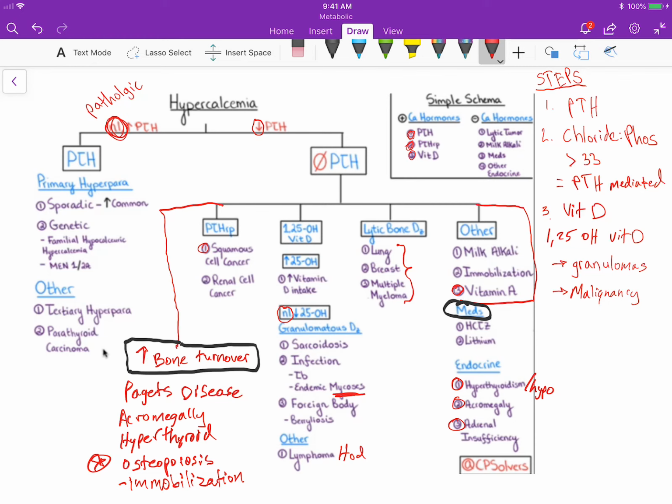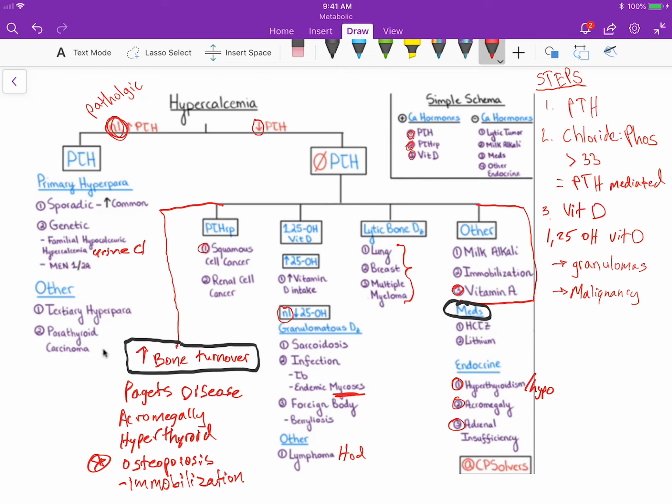If it is PTH mediated, most commonly it's just going to be your sporadic hyperparathyroidism. This genetic condition, familial hypocalciuric hypercalcemia, is very rare, and if you're suspecting it, then just check urine chloride.